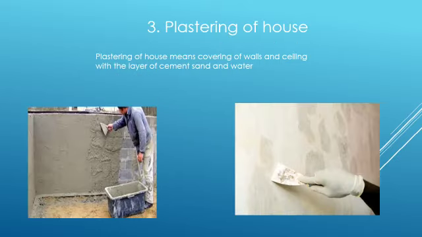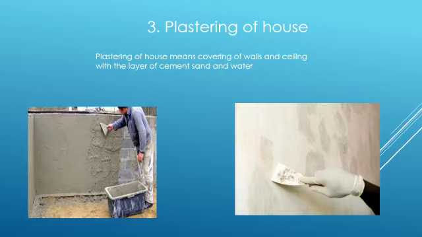After installation of pipes, plastering is the next stage in house building. Plastering stands for covering of walls and ceiling with a layer of cement, sand and water. Children, do you think why plastering of the houses is to be done?